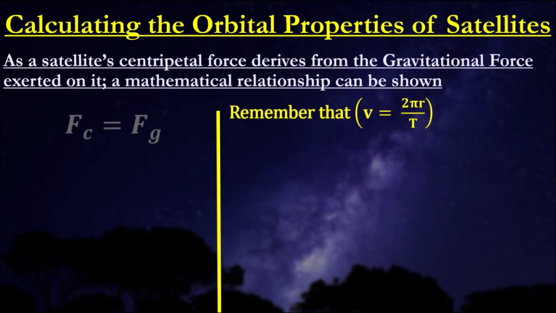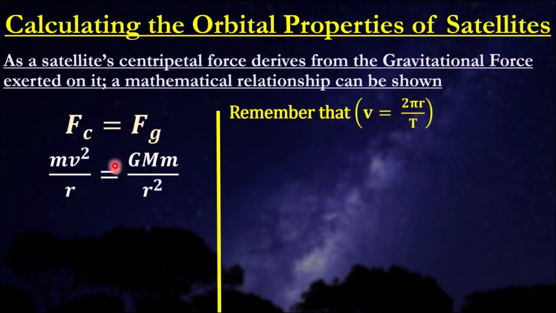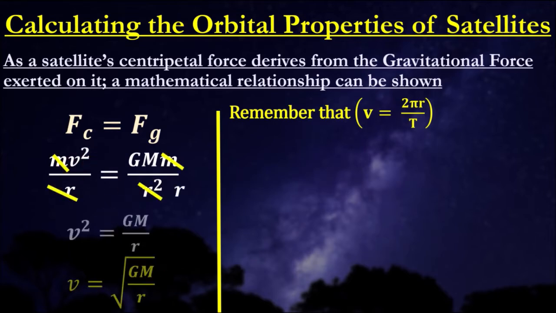We firstly stated that in order for a satellite to rotate around a planet, its centripetal force was contributed by the gravitational force of the larger object of that particular mass. We did our substitutions and we got this formula here.